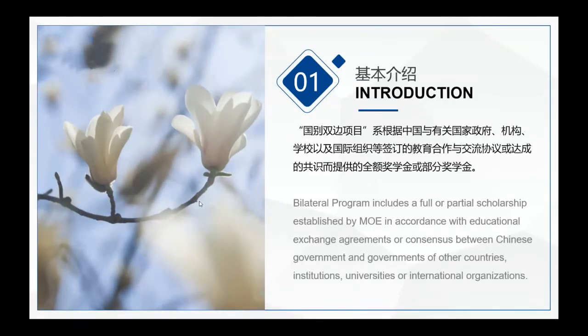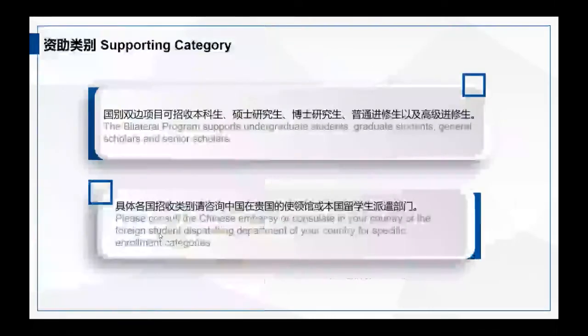Actually, the bilateral program is Type A of the Chinese Government Scholarship. It includes a full or partial scholarship established by Ministry of Education of China in accordance with educational exchange agreements or consensus between Chinese government and governments of other countries, institutions, universities, or international organizations.